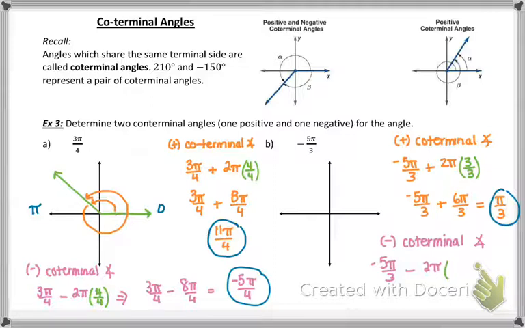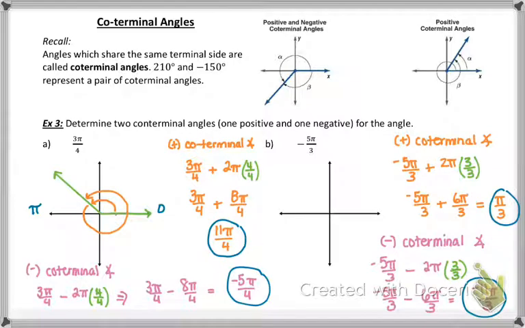So again, to add and subtract fractions, we need a common denominator. So that's negative 5 pi over 3 minus 6 pi over 3. That's going to give me negative 11 pi over 3. And that is a negative coterminal angle.